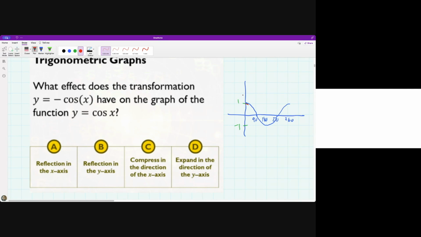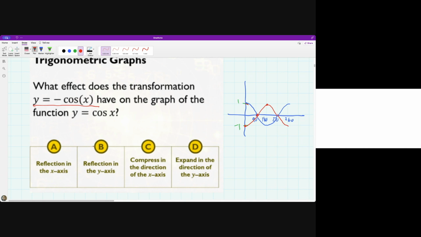Well, if it was 1, it would become minus 1, so it would go here. And if it was minus 1 before, it would become 1, so it would go up there. So the graph is going to look like that red one. So which option do you think is correct here?